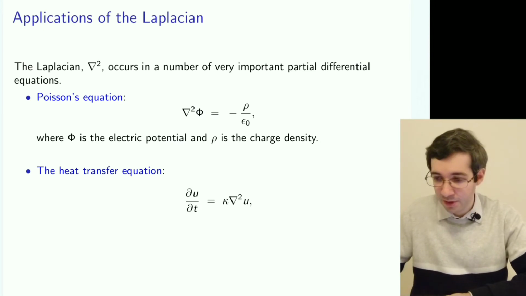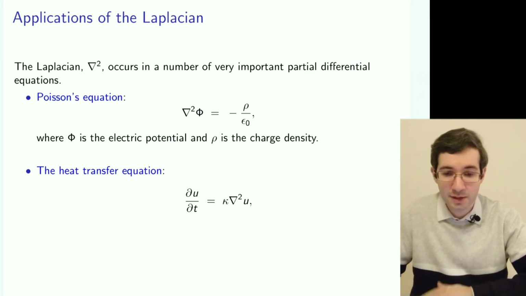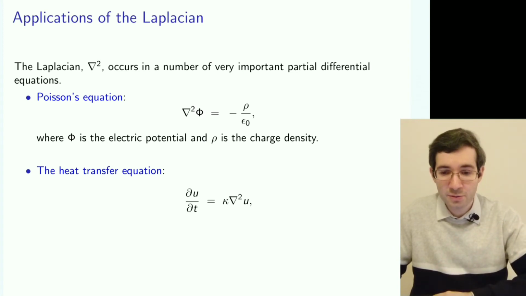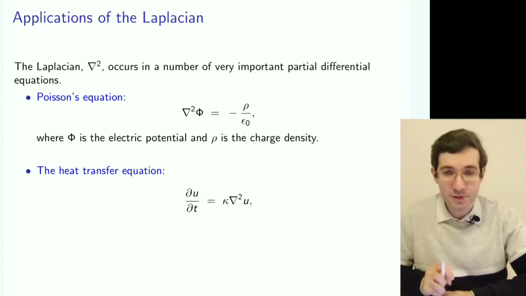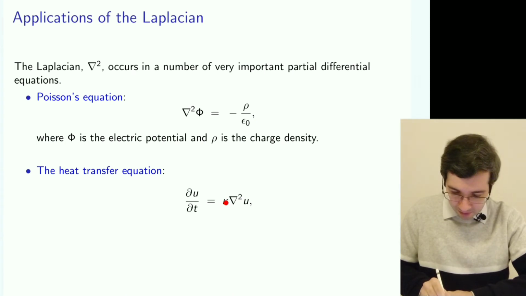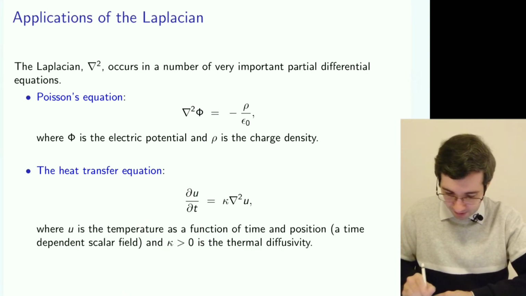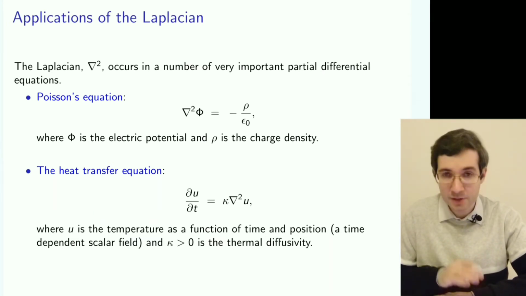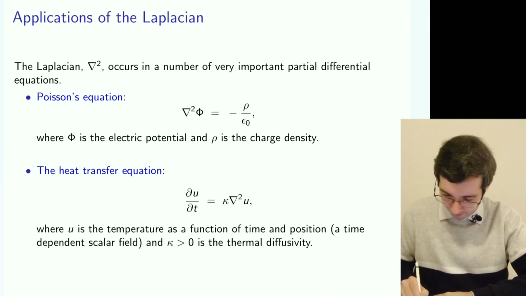Now, let's switch gears and think about totally different things, like heat transfer. Think of the heat in your radiator, and you want to know how fast your heat will propagate. Well, look at the heat transfer equation. Here you have a constant and a partial derivative with respect to time to show how things evolve. This constant is called thermal diffusivity, and it predicts a distribution of temperature as a function of time and space.